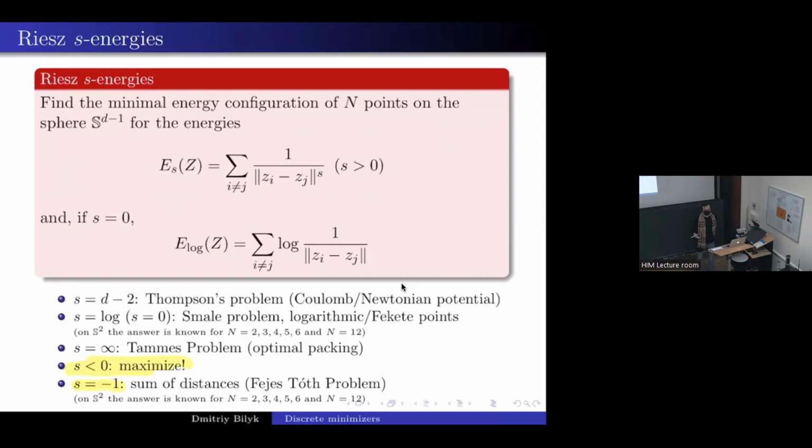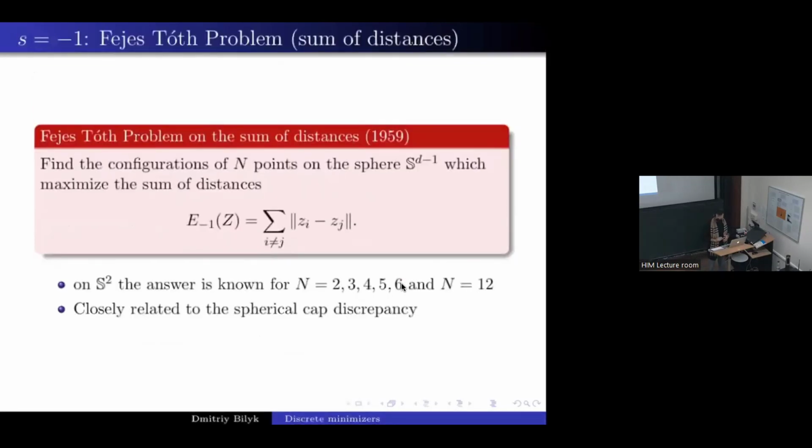The sum of distances is a very common object in metric geometry. You try to put points on some domain and understand which configuration would maximize the sum of distances. On the sphere, this is known as the Fejes Tóth problem. Again, the answer is provably known only in a handful of cases on S2.